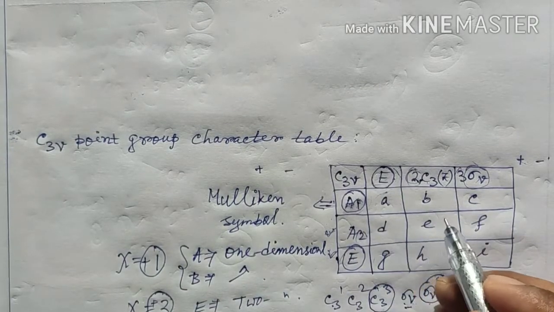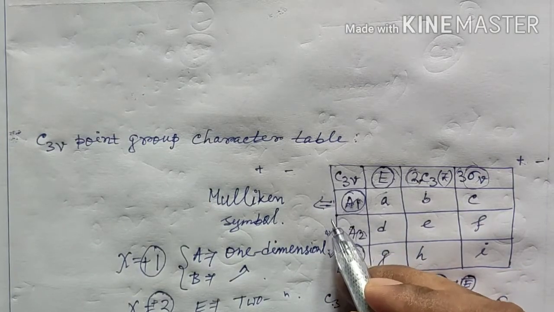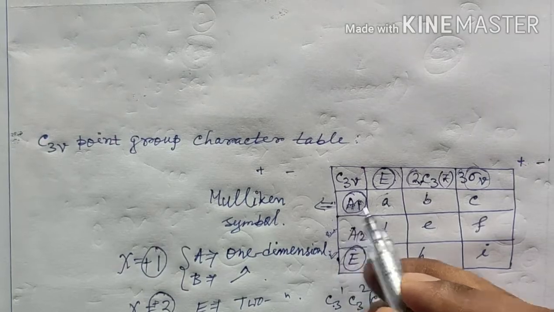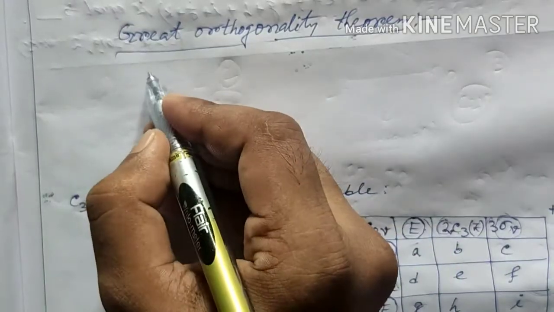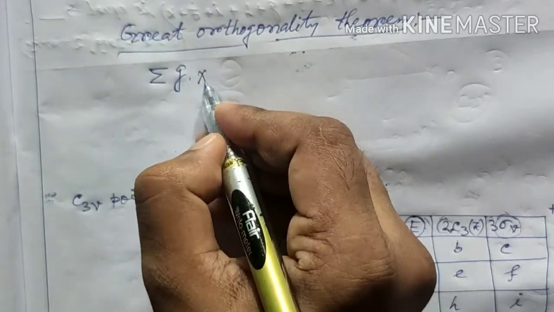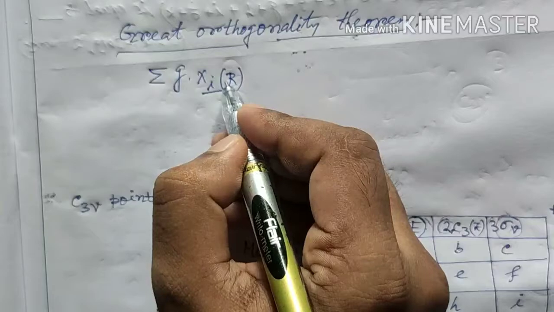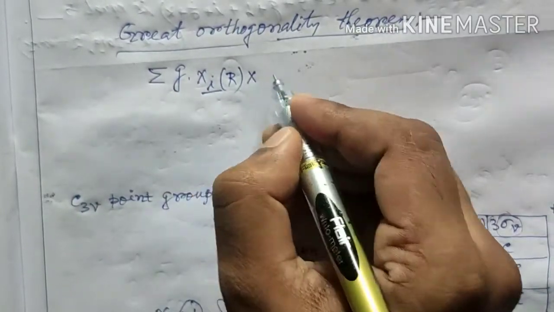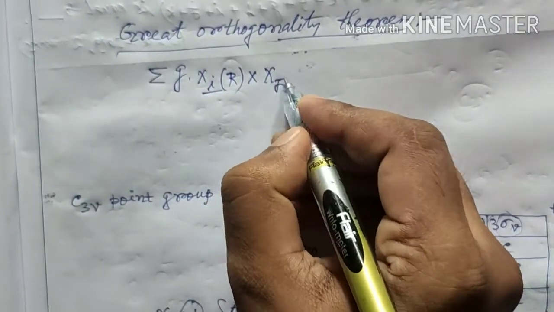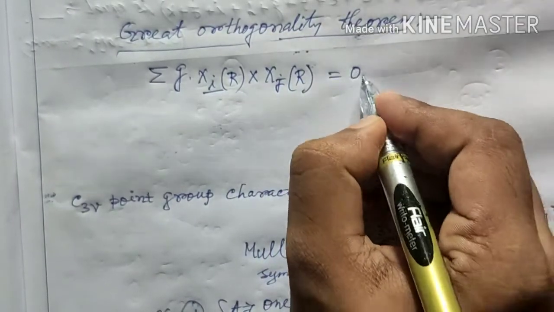That means you can say that two different irreducible representations are orthogonal to each other. If you write it in an equation, then it will be summation over g into chi i, that is the ith irreducible representation, multiplied by the character of the jth irreducible representation, and it will be 0.